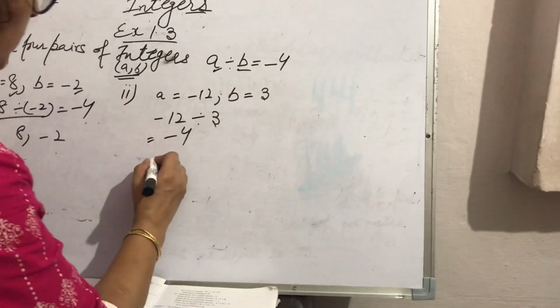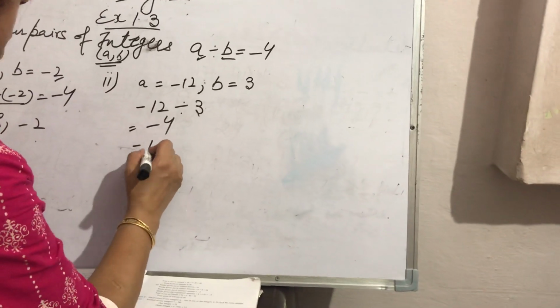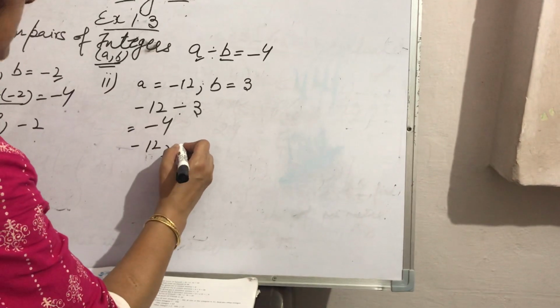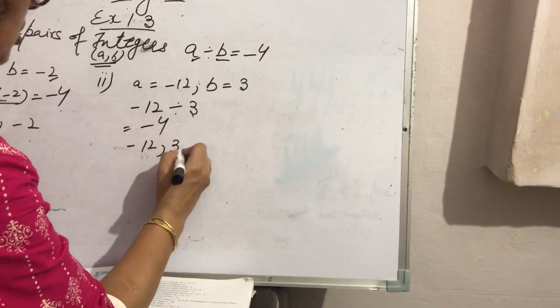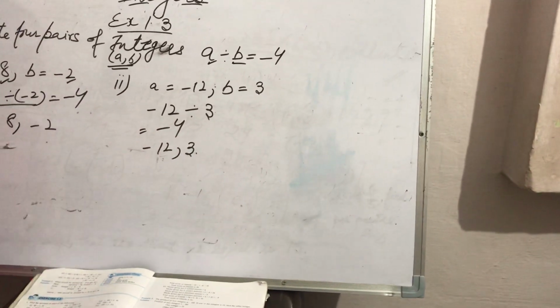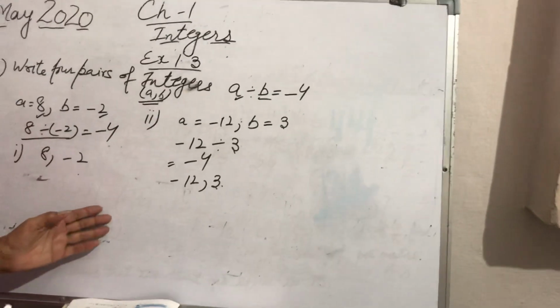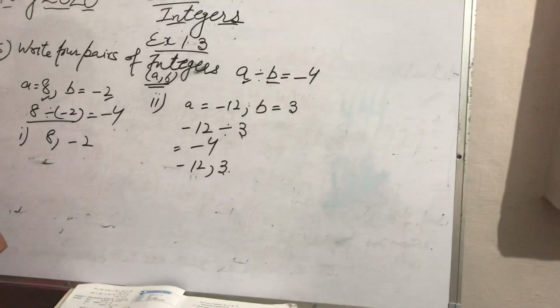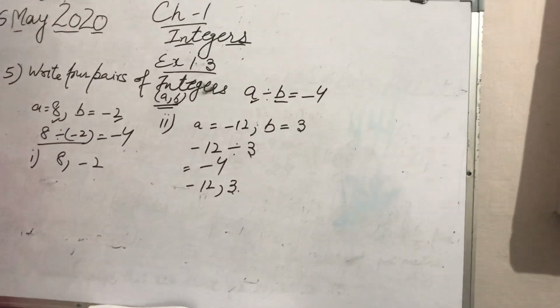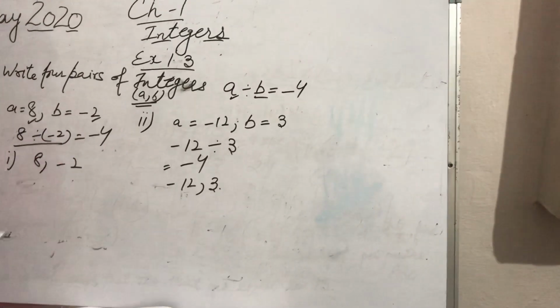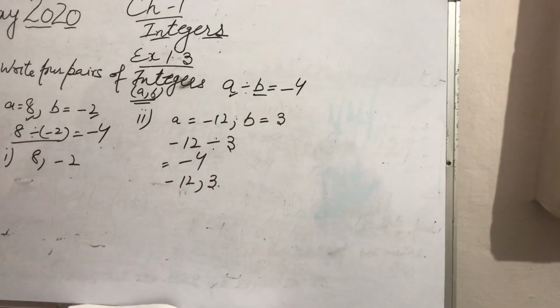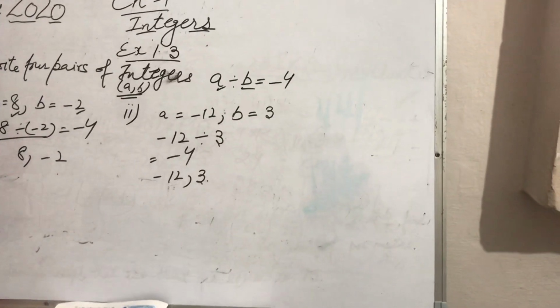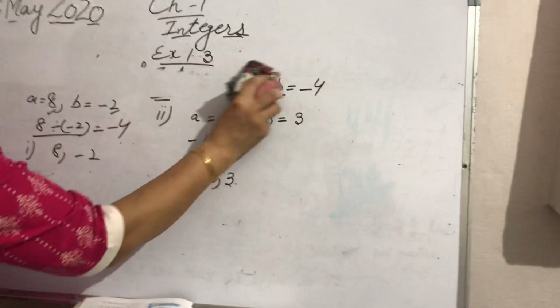So second pair we have -12 and 3. Same way we can find third pair and fourth pair. Four pairs we have to find, but we can find so many pairs. So next 2 pairs you can try.